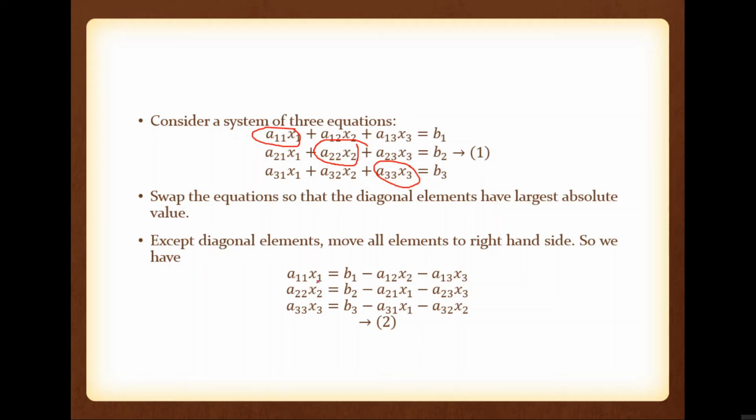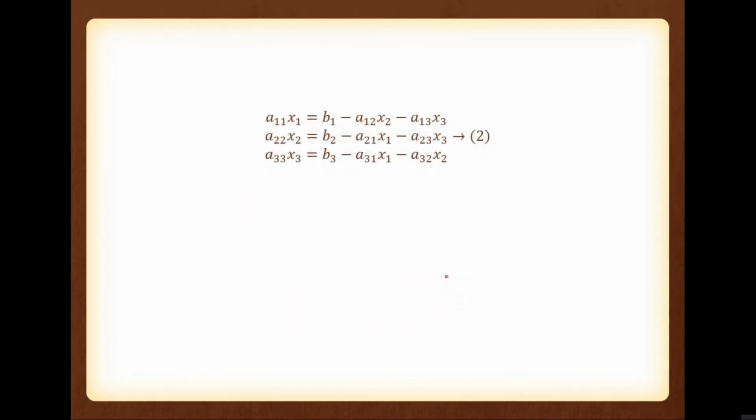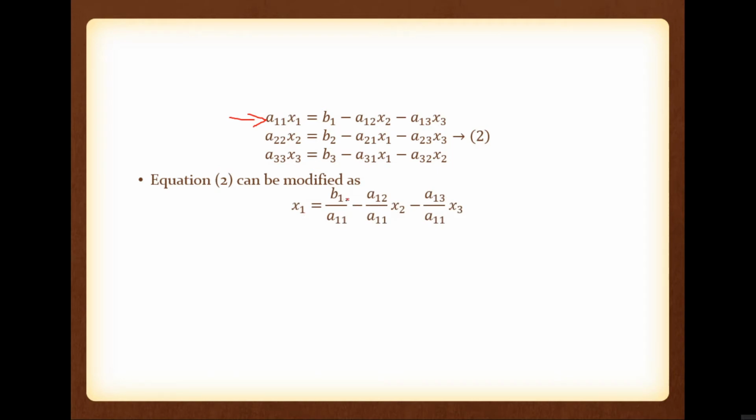So we have x1 is equal to b1 divided by a11 minus a12 divided by a11 into x2 minus a13 divided by a11 into x3. This is the first equation.